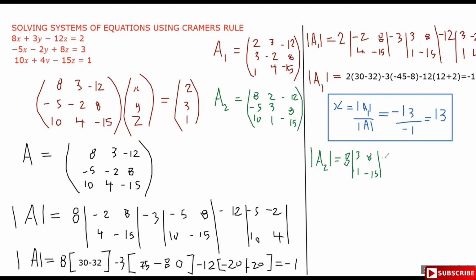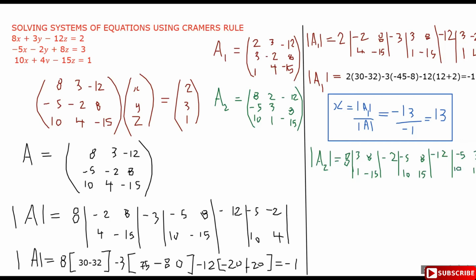Then it's going to be minus 2 times, cross this, cross this, minus 5, 8, 10, 15. Right? And then finally, minus 12 times the determinant, we cross this, we get minus 5, 3, 10, and 1.